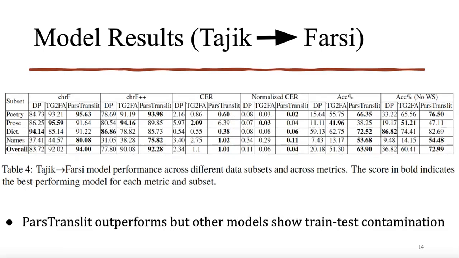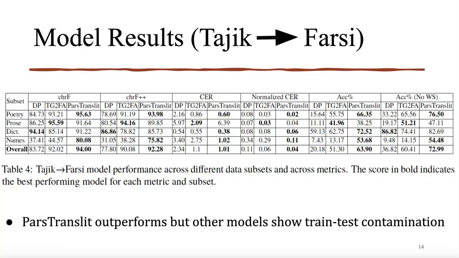In the other direction, Tajik to Farsi, we see these same trends. And obviously there are some interesting parts here, because we see that the other models are outperforming only in certain genres. This is where we believe two factors come into play. First, the train-test contamination I mentioned in the last slide: these two models have already seen this data, so those metrics are all inflated to some degree.